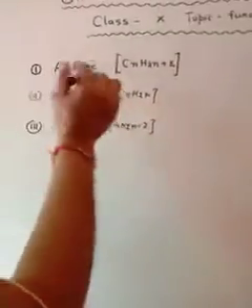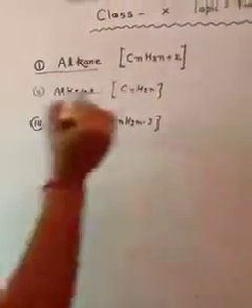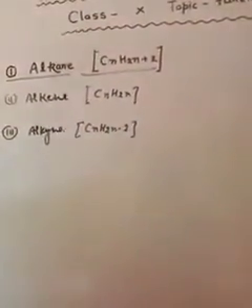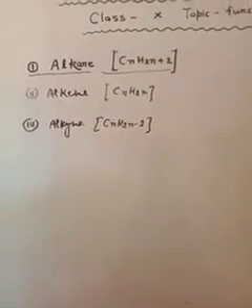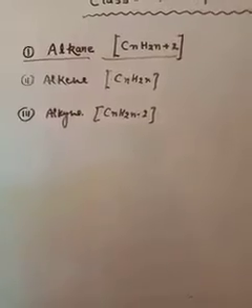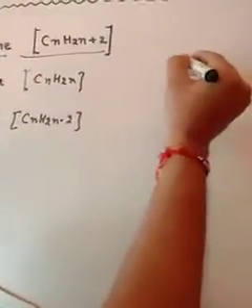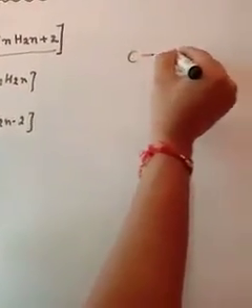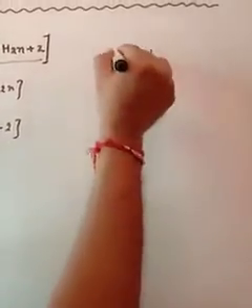Actually, alkane means what? If the carbon's 4 valency is satisfied by only single bonds, then we call the compound belonging to the alkane, like this.